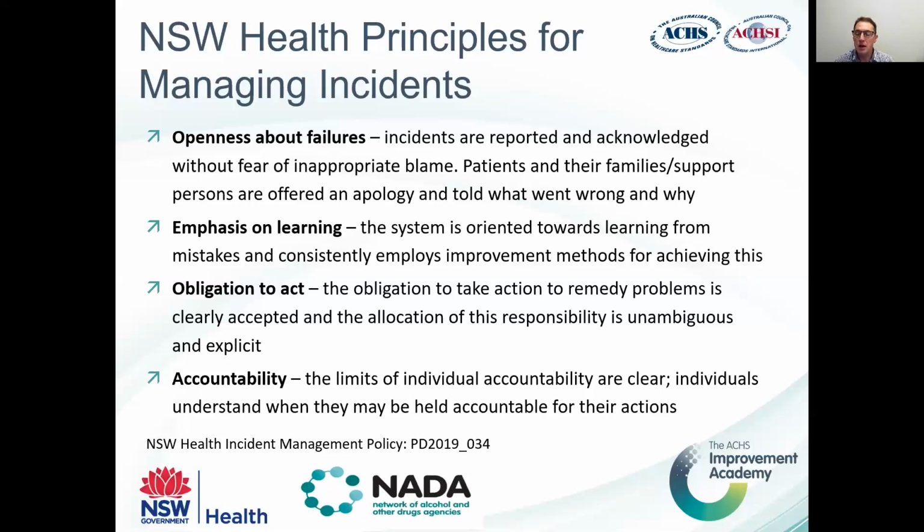When that occurs, a separate type of investigation will occur. So that will be more along the lines of human resources or a performance management process. But it's clear when that's occurring. What we're talking about today is primarily a systems investigation.